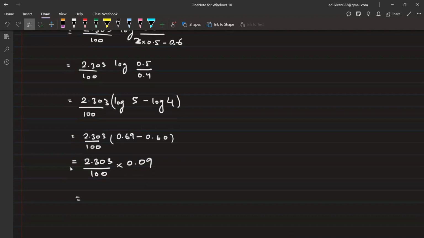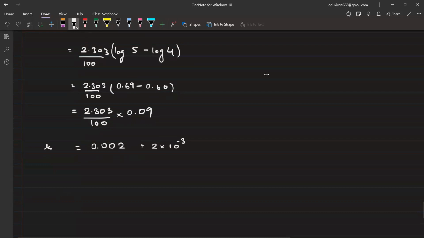You will get this value as 0.002. सर 2 into 10 raised to minus 3. हाँ, ऑलमोस्ट ही मिल रहा. ठीक है, this will be 2 into 10 to the power minus 3. ठीक है, this is your rate constant.